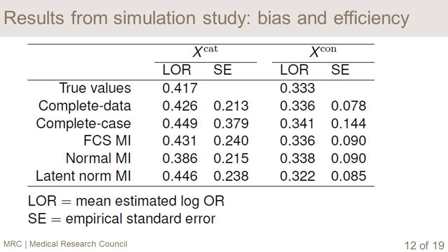They're approximately unbiased, and the standard errors are now much closer to those from the complete data analysis than from the complete case analysis, showing that by carrying out multiple imputation, we have managed to recover a lot of the lost information. Okay, slide 13, please.